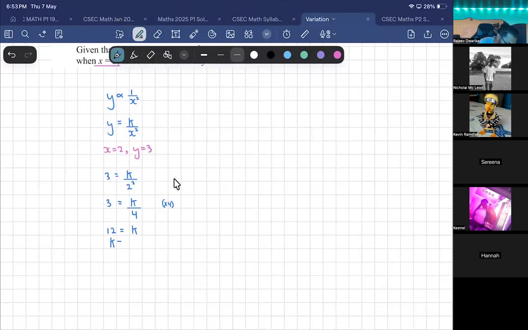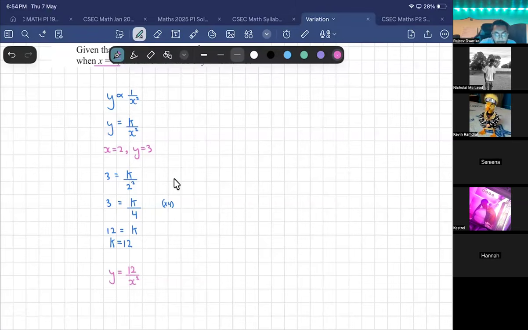Could you tell me what my final relationship would be? It will be y equals 12 over what? 12 over x squared. Yep, 12 over x squared.